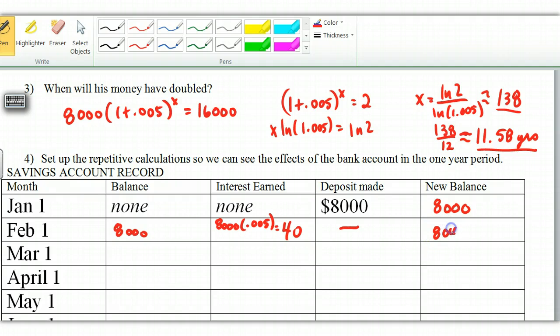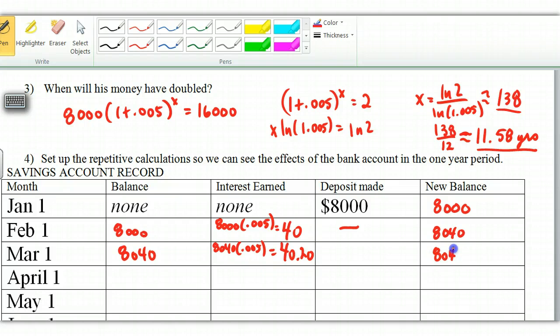Now I'm going to take these two values and add them together. So I get 8,040. Then I'm going to put it down here, 8,040. And then I need to find out my interest. So it's 8,040 times 0.005, which is $40.20. No, I don't want to round that.